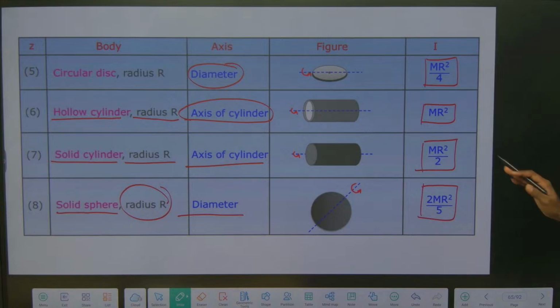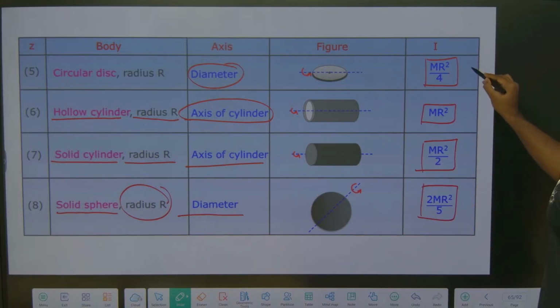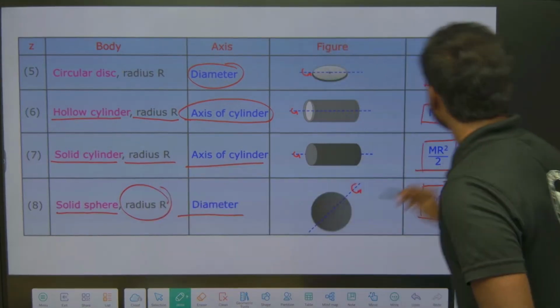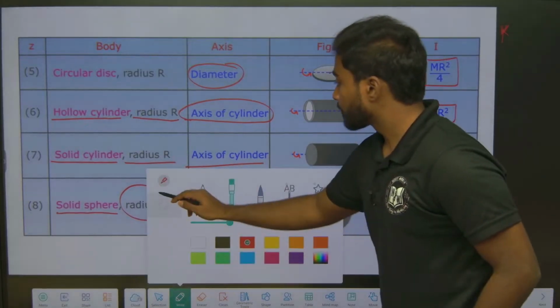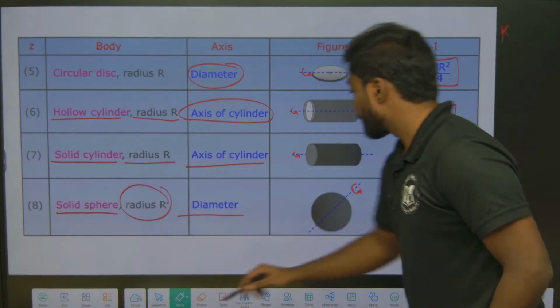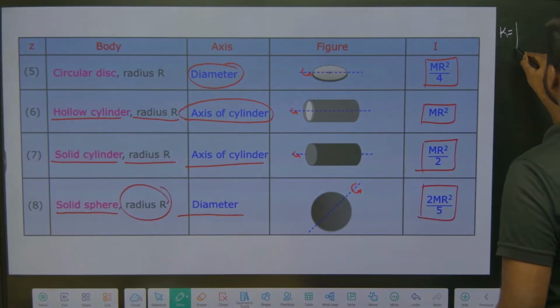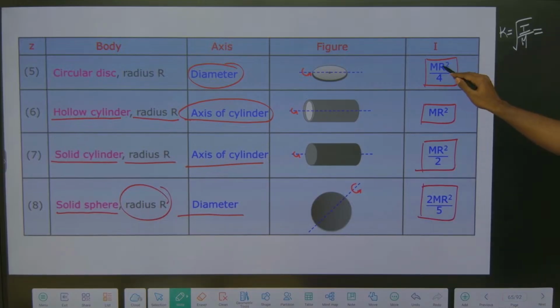Now if we want to find the radius of gyration for these cases, k will be equal to, I will write over here. For the first one, k is equal to root over I by m, where I is equal to mr square by 4. So mr square by 4 into m.